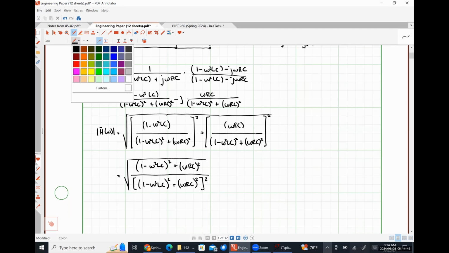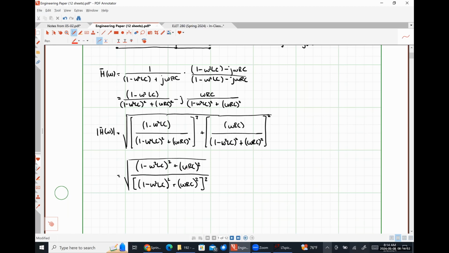It should hopefully be very obvious that my numerator is effectively the same thing as my denominator, but my denominator just has that squared, right? So if I cancel this, it's just going to take 1 power away there, leaving me with the relationship 1 divided by the square root of 1 minus omega squared LC squared plus omega RC squared.